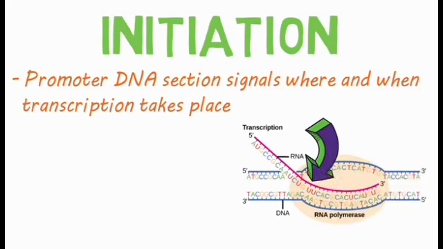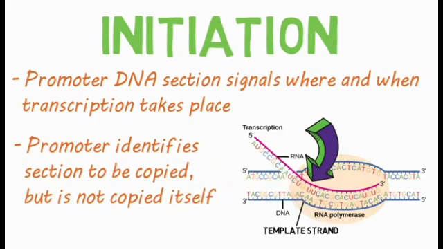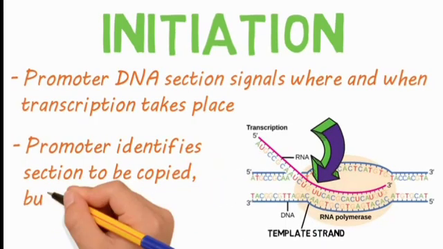Once it's separated, the RNA polymerase begins transcribing a section on one strand, the template strand of DNA, into RNA. The promoter identifies the section to be copied but is not copied itself.